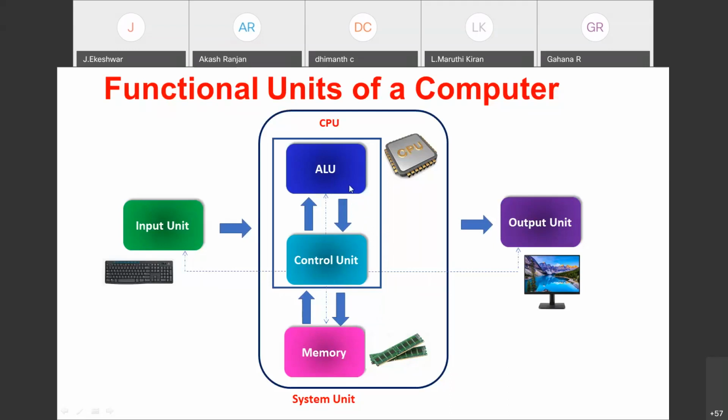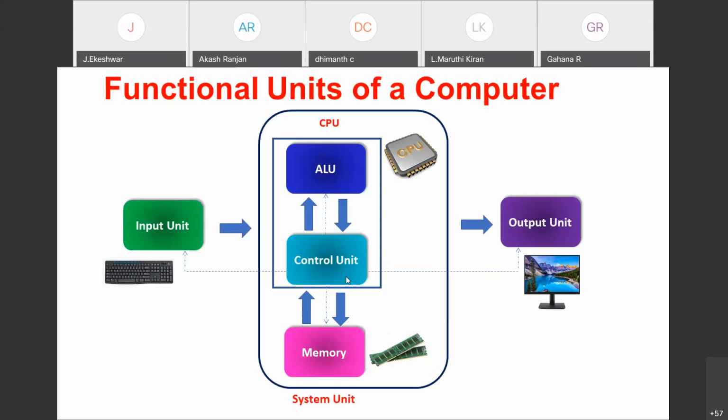So this is about the ALU and the control unit. So remember, the control unit sends out the control signals to the various components of a computer system, and it controls, or it just supervises the overall operation of the computer system. So what are the functions performed by the control unit? It is responsible for fetching the data and instructions from the memory.